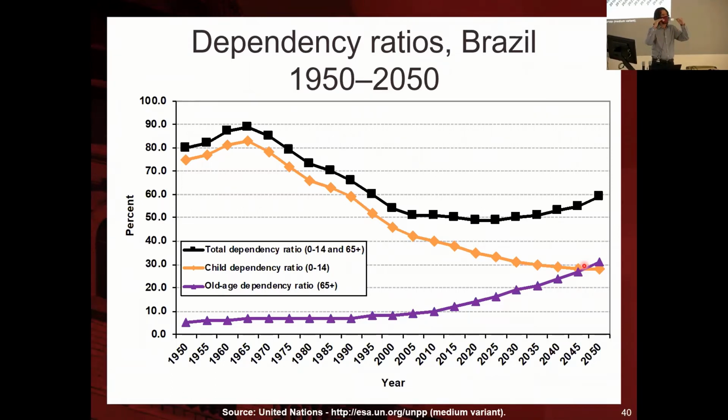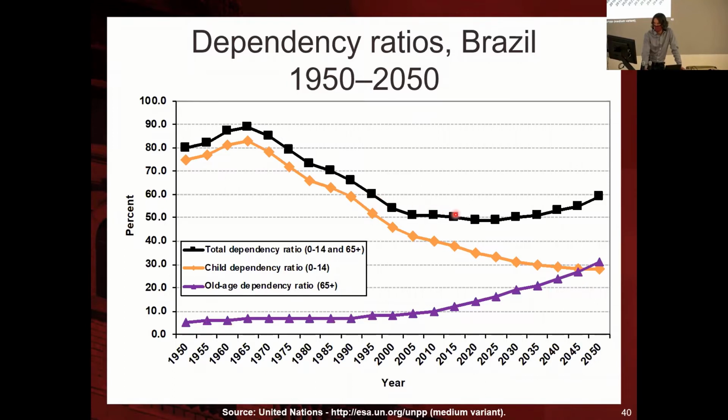And when you combine both of them into the total dependency ratio, what you see is that in previous decades, the shape of this curve here was really driven by the pattern of the child dependency ratio. Because these values here were really high compared to the ones of the old age dependency ratio.